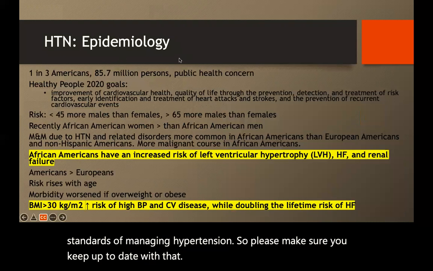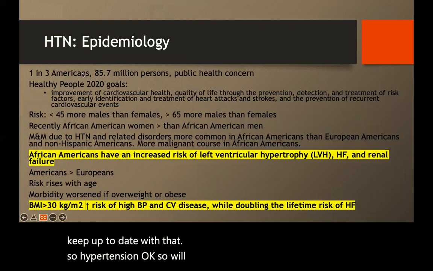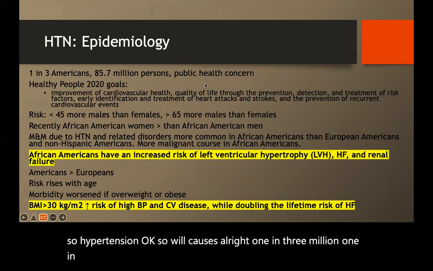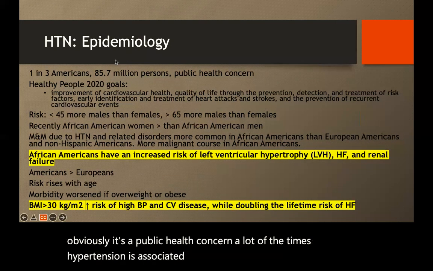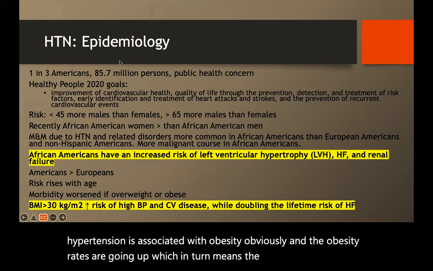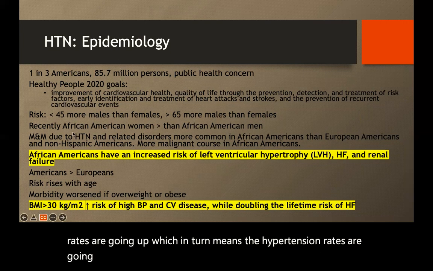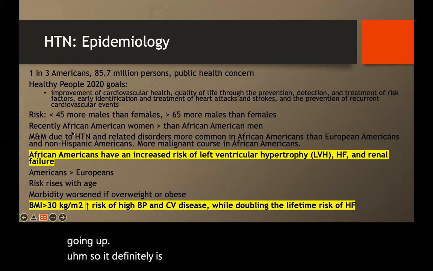So hypertension, okay, so causes. One in 3 Americans have hypertension or high blood pressure. Obviously, it's a public health concern. A lot of the time hypertension is associated with obesity, and the obesity rates are going up, which in turn means the hypertension rates are going up. It is definitely more prevalent in African-American women than African-American men.